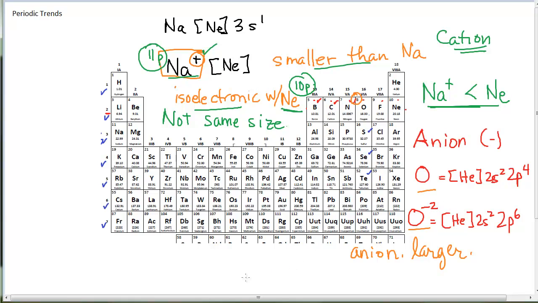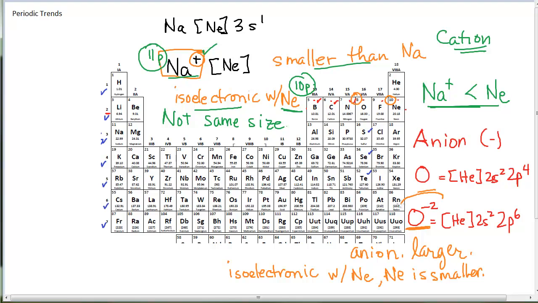This, you'll notice, is isoelectronic with neon, but it is not the same size as neon. It has exactly the same number of electrons and exactly the same orbitals, but oxygen has 8 protons, neon has 10 protons to hold on to those electrons. Neon is smaller.